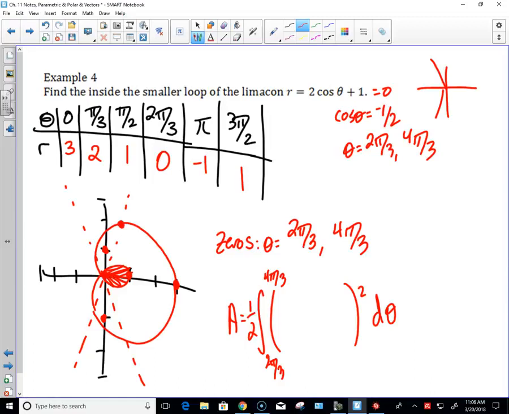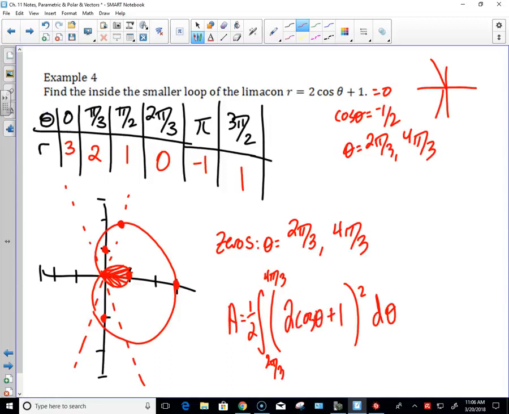My r, wouldn't my r just be my outer or my function? It's not top or bottom or right or left, it's outer. So my outer would be the function, and the inner would be technically 0. And so we could just plug in our (2 cosine theta plus 1) squared.